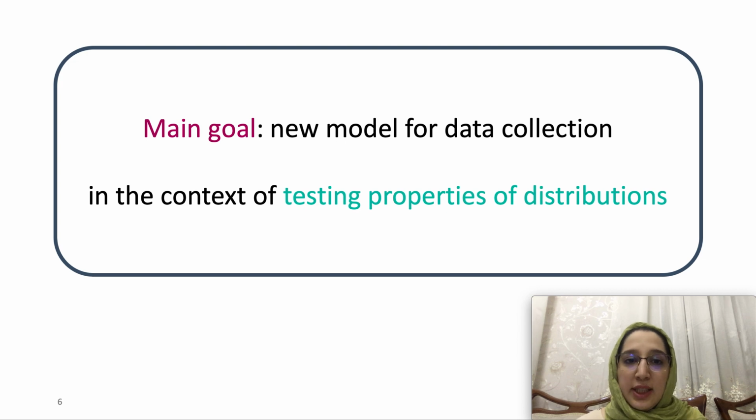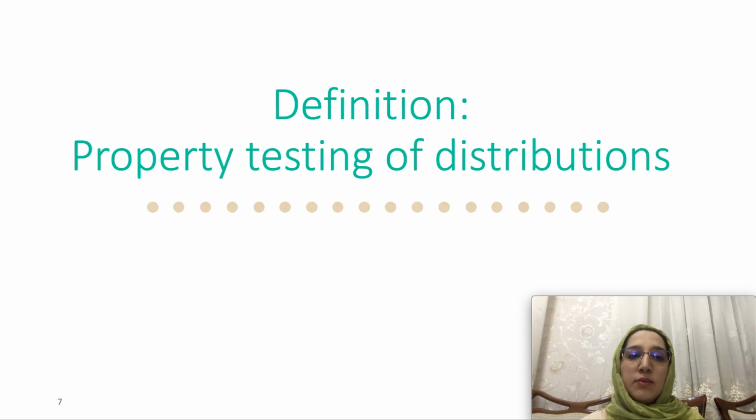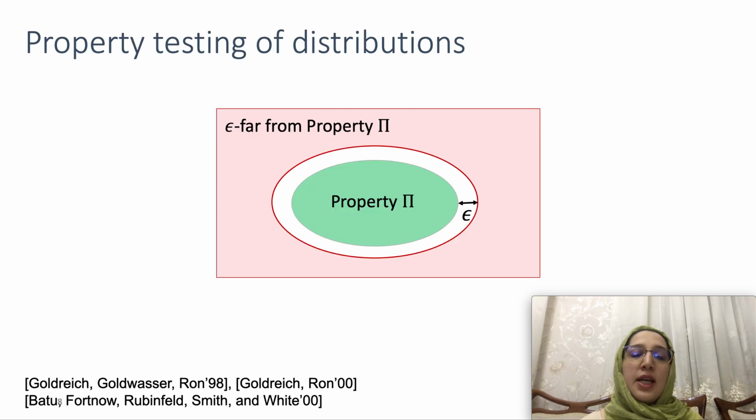Our main goal here is to provide a new model which addresses the aforementioned issues, and we solve a few distribution testing problems in this new model. Let me first define the standard model of property testing of distributions, and then I will mention the newly proposed model. In distribution testing, our goal is to distinguish the following cases.